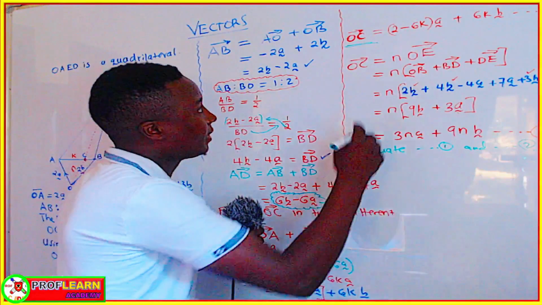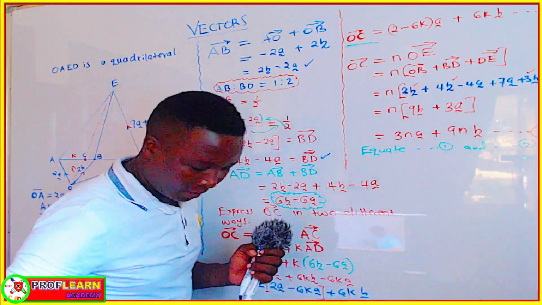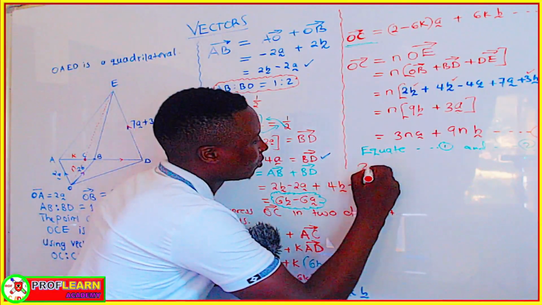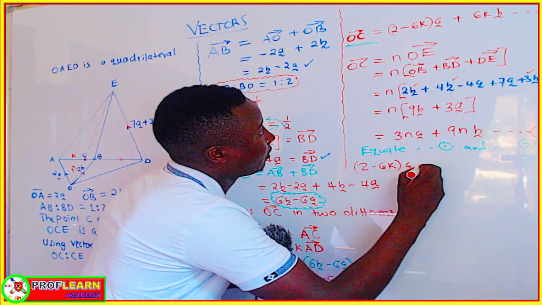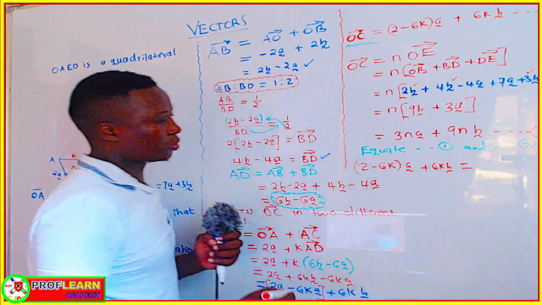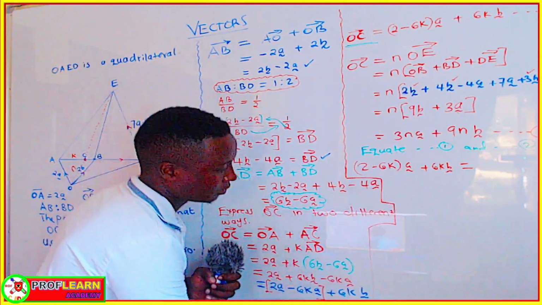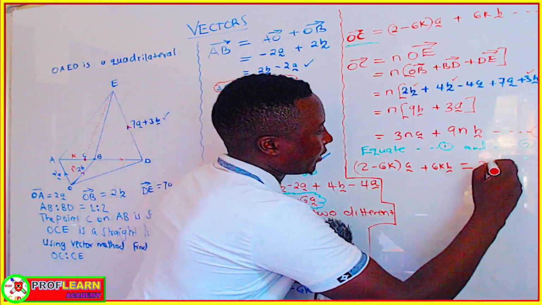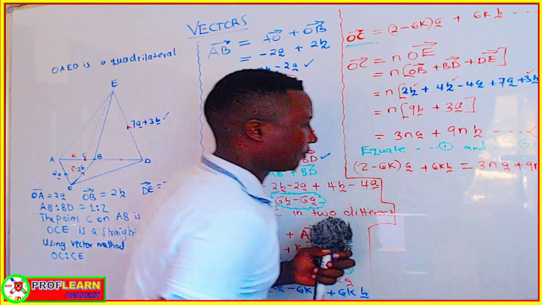So we can say this equation is equal to this: (2 minus 6k) vector A plus 6k vector B should be equal to 3n vector A plus 9n vector B.